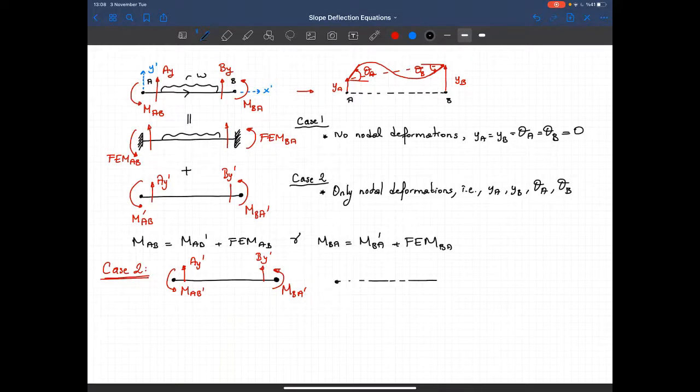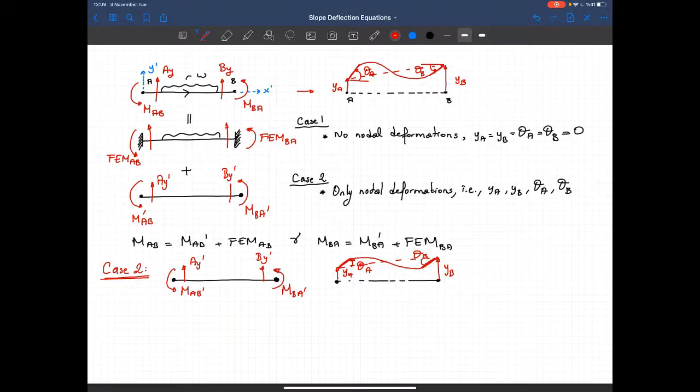Because of these nodal deformations, we will see these MAB prime, MBA prime internal forces. I have a translation, another translation at B. Theta A, theta B, and we expect to see a deformed shape like that. This is theta A, that's theta B.